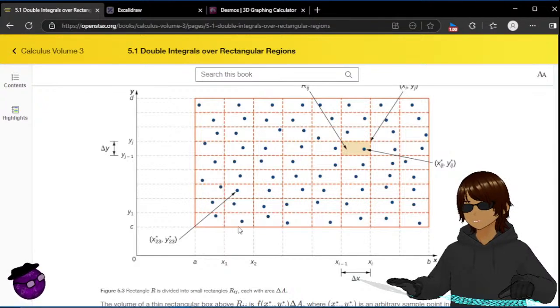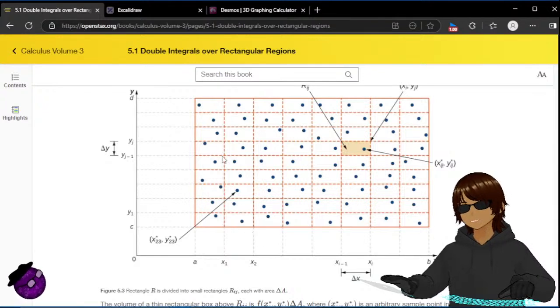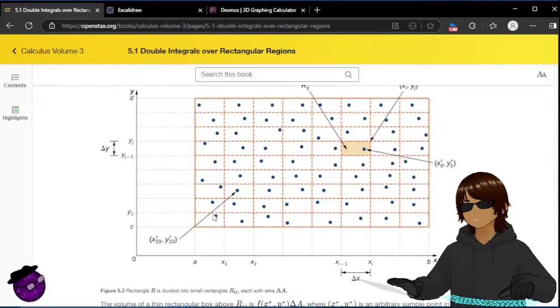This entire region is x2*. So the first column is 1, the first row is 1. So 1, 2, and then 1, 2, 3. Right, so i is 2 and j is 3. Okay.